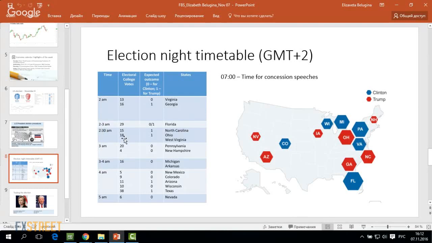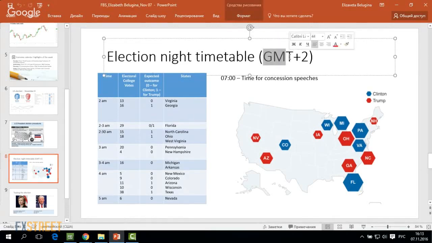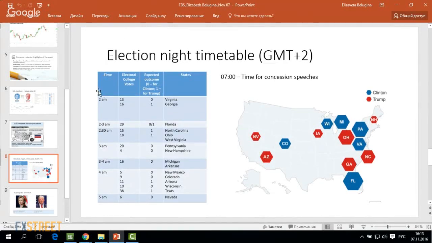On the Wednesday night. The time in this table is GMT +2, which is the time of the server in MetaTrader 4. But if you use another time, you can simply count from the basis of GMT using this data and add the necessary amount to get your time zone.